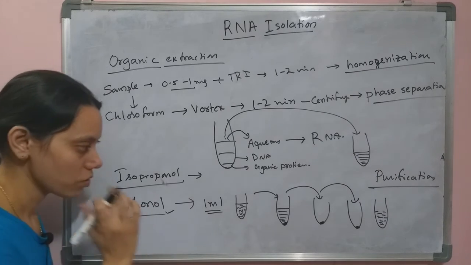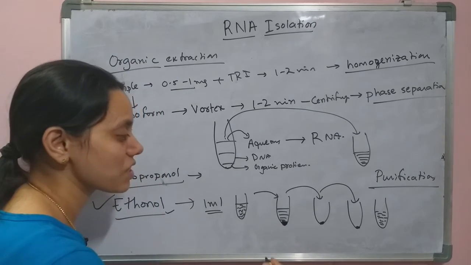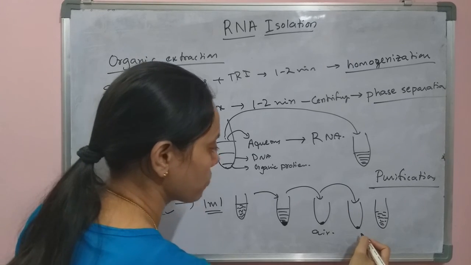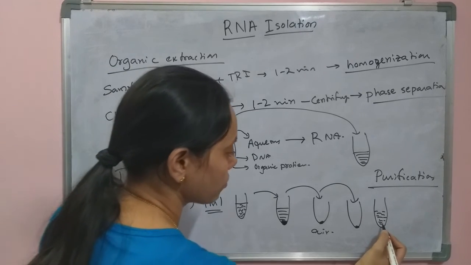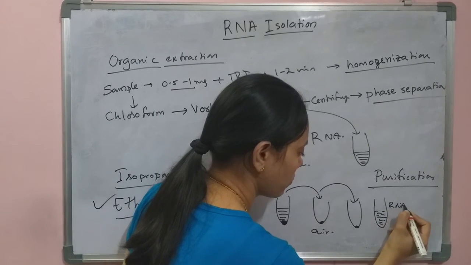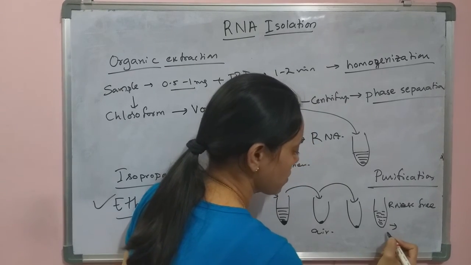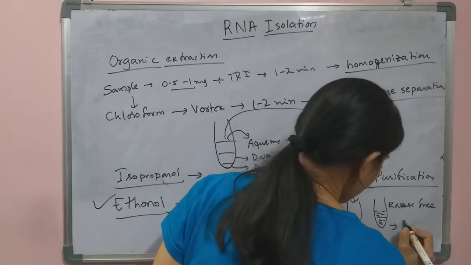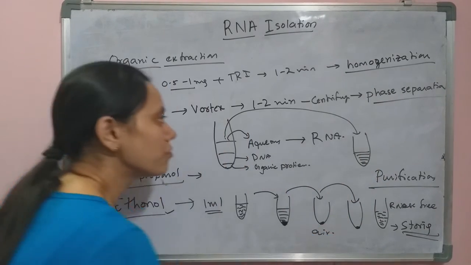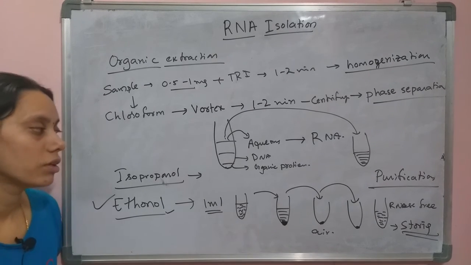By centrifugation you can have your precipitate ready, and this precipitate is air dried, and the air dried precipitate will be stored in the RNase free water. So this is the step of storing.